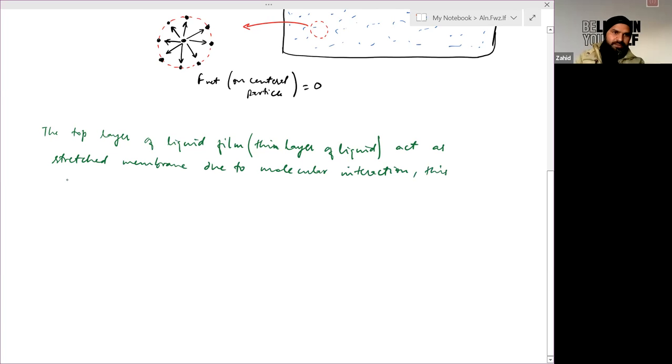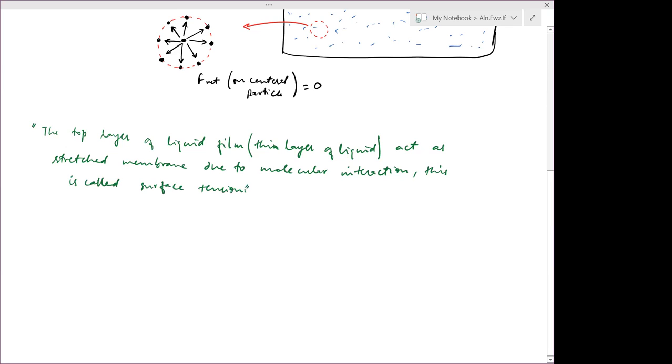Liquid film means a thin layer of liquid. This behavior of the top layer of liquid is called surface tension. Is it clear? Yes, sir.